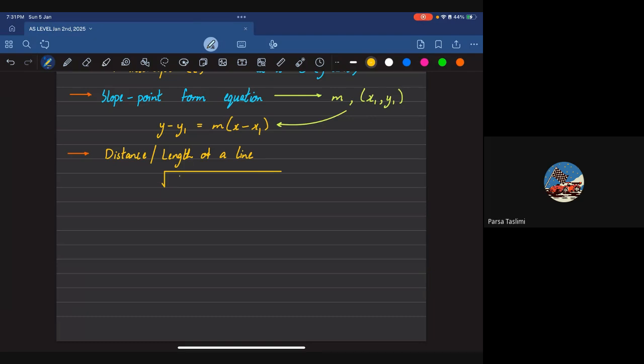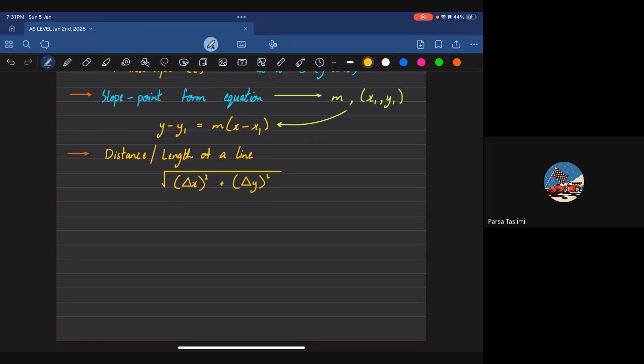That it's going to be change in x, whole squared, plus change in y, whole squared.